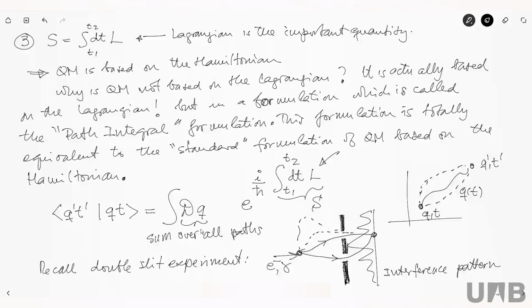So that's why normally people do not talk about this, and they talk about the standard formulation based on the Hamiltonian. But this formulation is very powerful. Actually, I must tell you that all the fundamental theories of today that describe all the fundamental interactions of nature are based on formulations like this. They are completely equivalent to the Hamiltonian formulation, but they are more powerful.